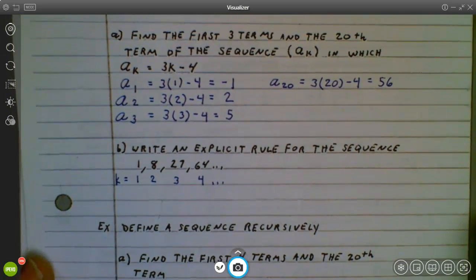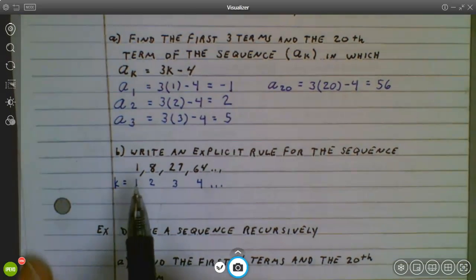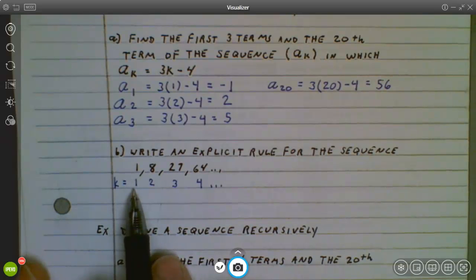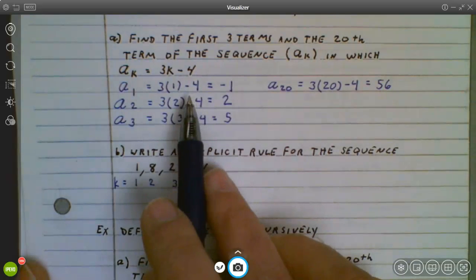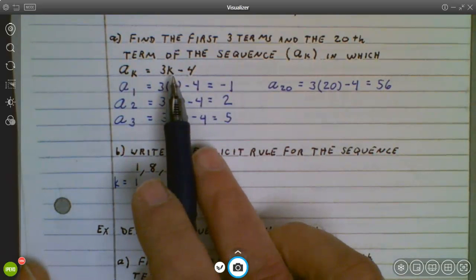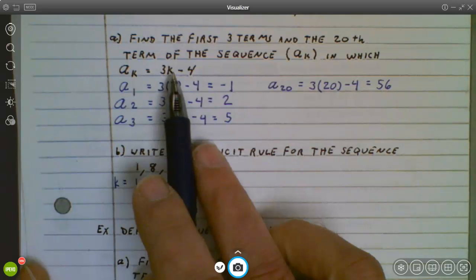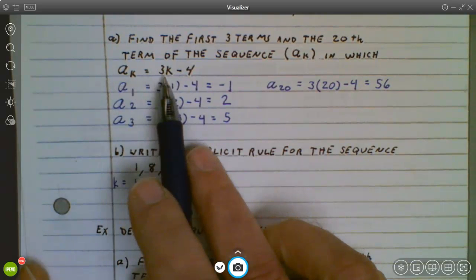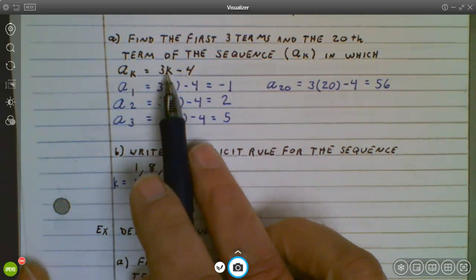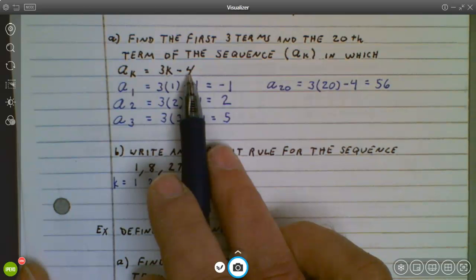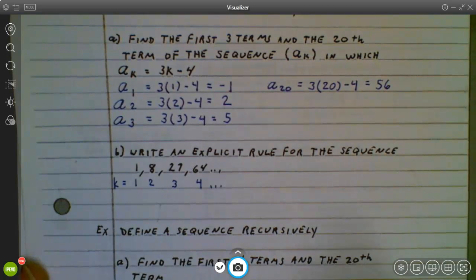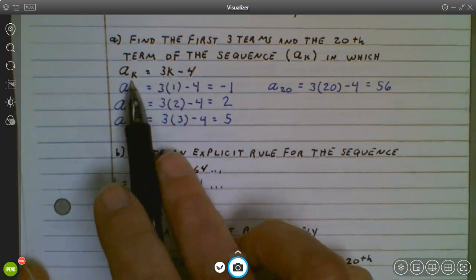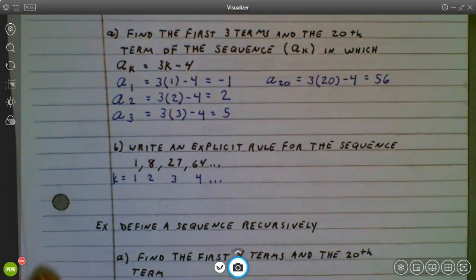So now when I look at that, what I'm asking is, what am I doing to k in order to get this result? It's the same thing that we did up here: what are we doing to this number in order to get this answer? Well, we multiplied it by 3, and then we subtracted 4. And that's what I'm trying to figure out, what am I doing to k in order to get this result, and I'm looking for a pattern that would describe that for me.